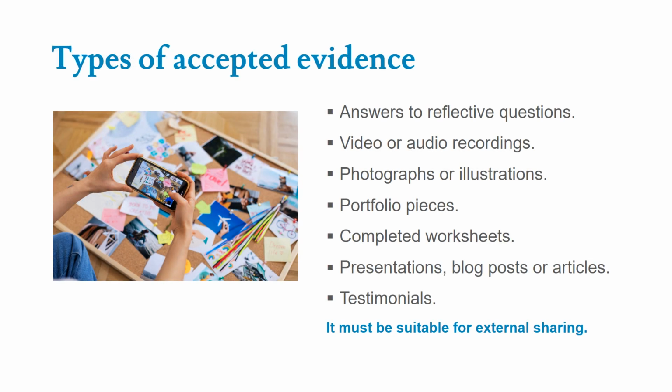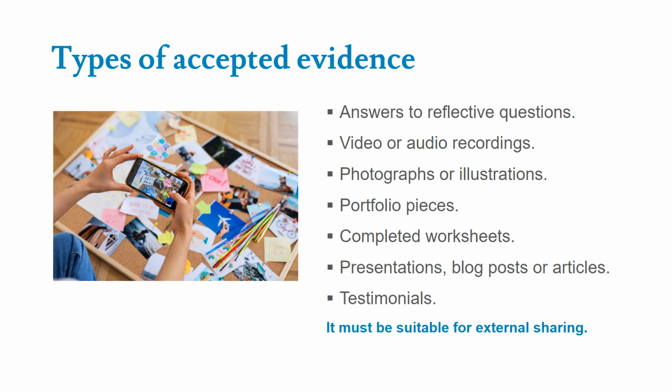You can accept many different types of evidence for open badges. Applicants might write answers to reflective questions about what they've learned and how they've applied it. They could also submit videos showing themselves applying new skills, or audio recordings of presentations or discussions. Photos and illustrations work well for visual evidence, like screenshots of a project or photos of an event they've organised.